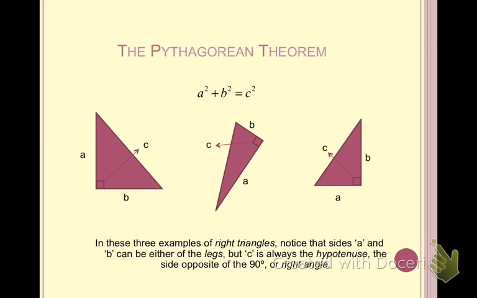And the hypotenuse is the side opposite of the 90-degree angle. And notice too that the 90-degree angle is marked oftentimes with that symbol. So that's another hint of which side's the 90-degree angle, although you can usually visually see it as well.